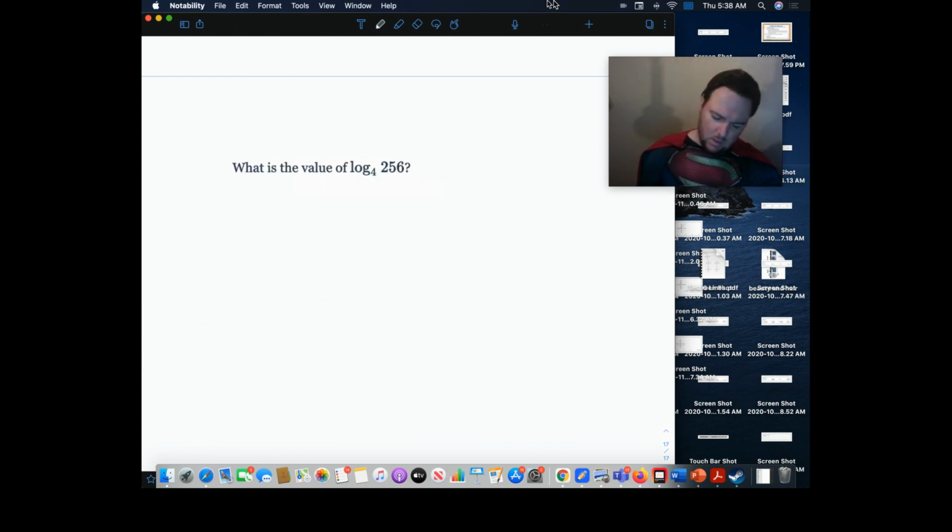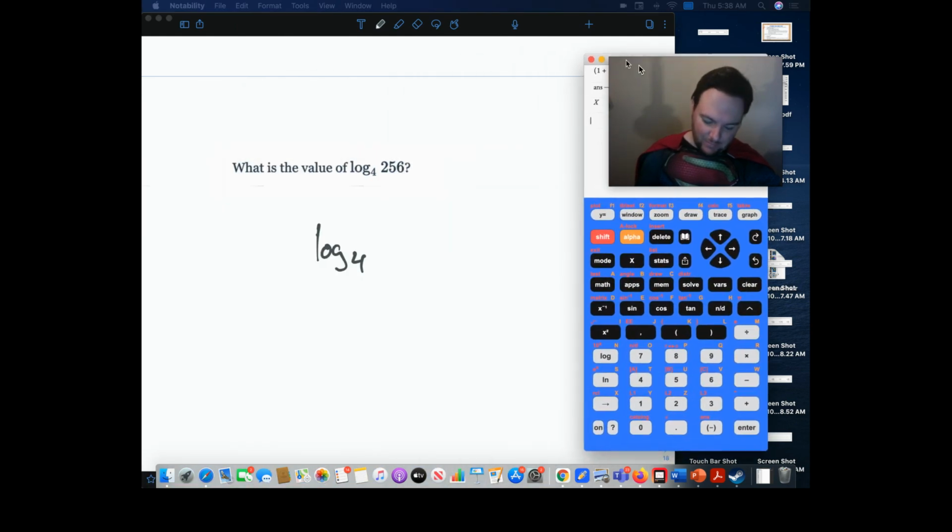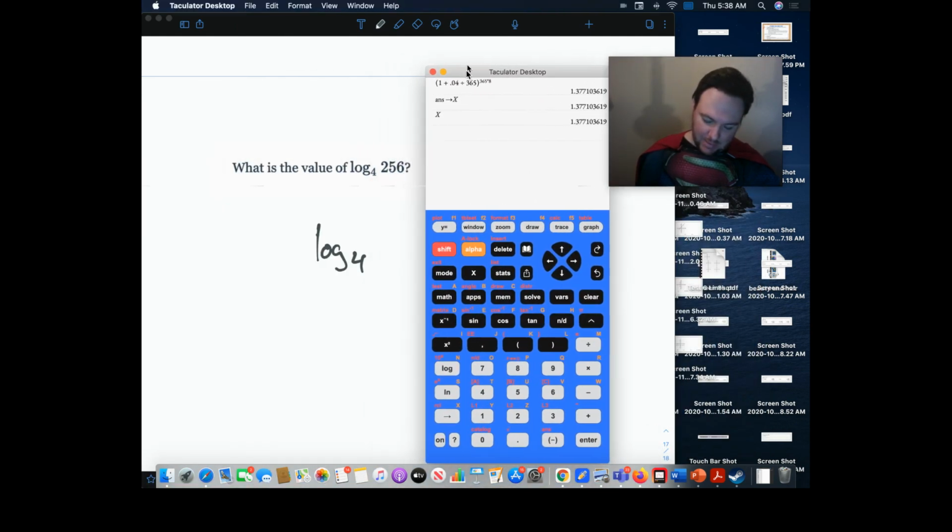So it says, what is log base 4 of 256? We want to write 256 as 4 to the what? I want to stress again, if you don't know what 4 to the what power is 256, that's not a big deal.